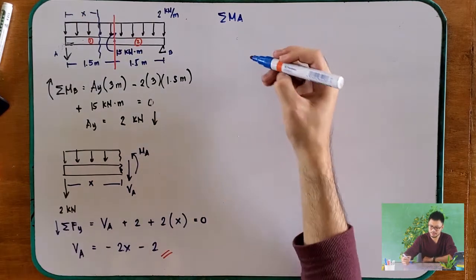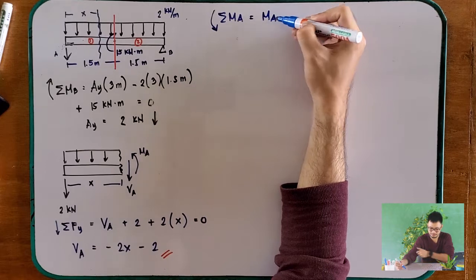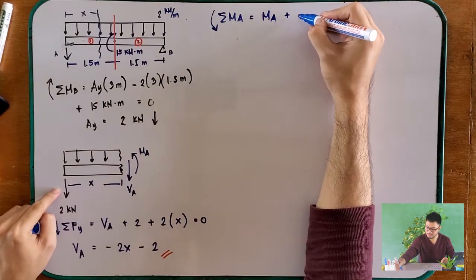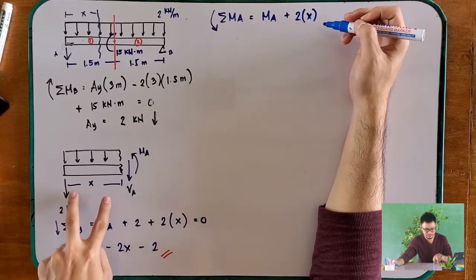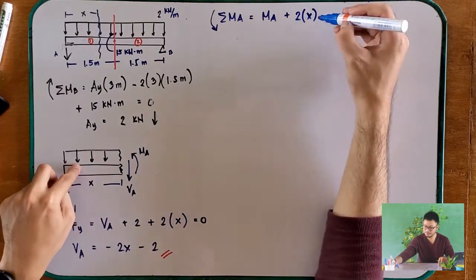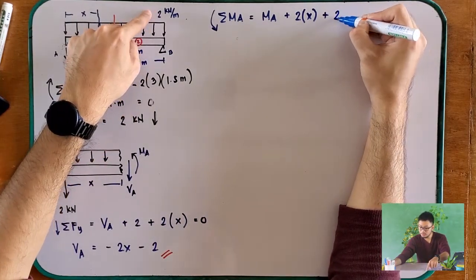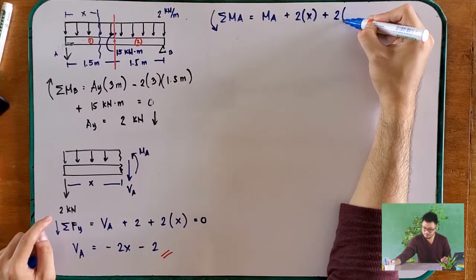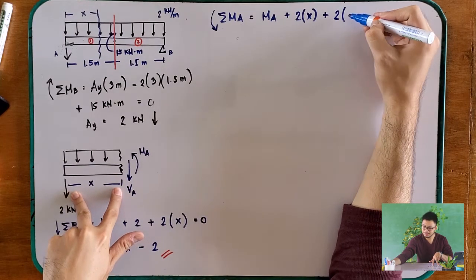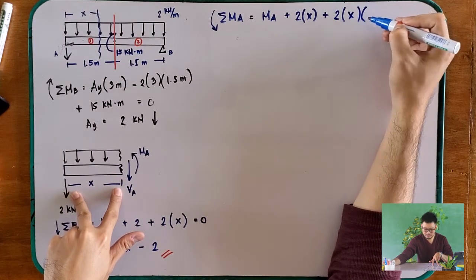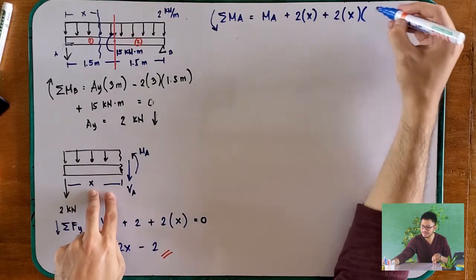Mao ni ato kung pasabot nga point A. Going there is equal to MA plus 2 times x, sakto? 2 multiplied by the moment arm of x, and then plus 2 kilonewtons per meter multiplied by the length para sa iyang resultant, 2 times x, and then napatay moment arm, asa ganing moment arm, tunga sa x, so x over 2.